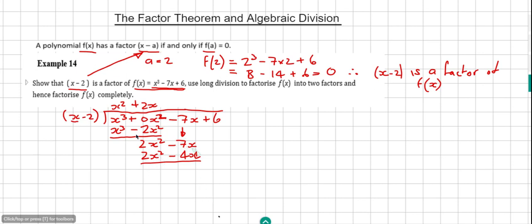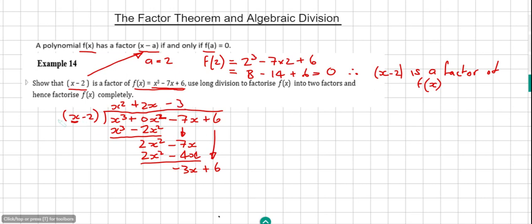And so we've got minus 7x, take away negative 4x, so that gives us minus 3x. And we're going to bring down the next number, the plus 6. And we're going to say, what would we have to multiply the x by now to get minus 3x? The answer is we'd have to multiply it by minus 3.